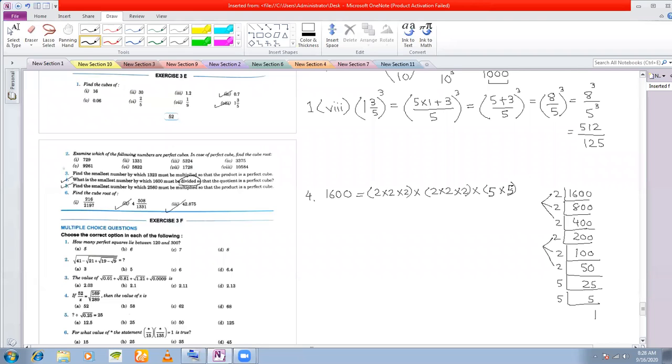Sir, because it is not a triplet. 5 into 5 is not a triplet, it's a square. Since 5 into 5 is not a triplet, I will try to remove this 5 into 5. And how will I remove it? By dividing both sides by 5 into 5.